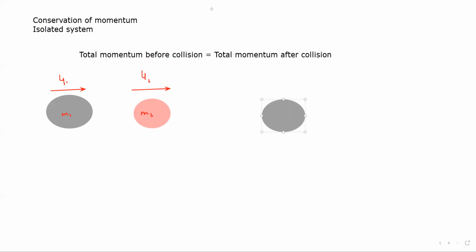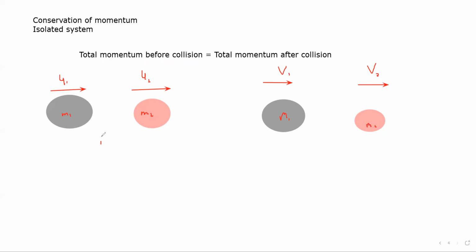The masses will not change, but sometimes the objects may stick together. Sometimes one object might be stationary and the other moving. Sometimes they might change direction. If they change direction, then I should use a negative sign for the change in direction.